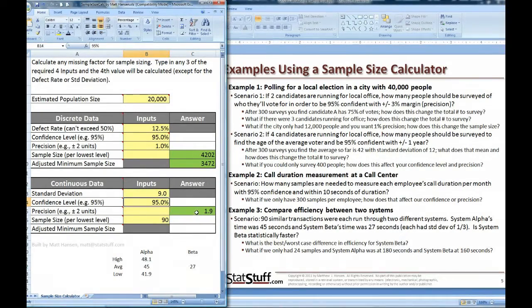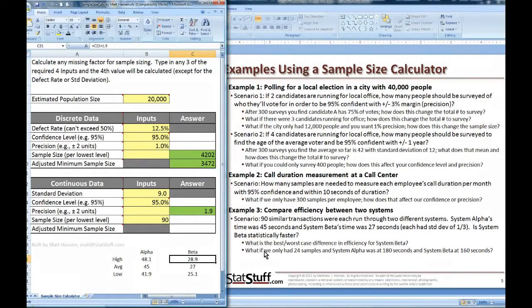Now for them, the precision is 1.9. So up here, we're going to do equals this cell plus 1.9, and underneath equals that same cell minus 1.9. So now for system beta, their actual performance is somewhere between 25.1 seconds and 28.9 seconds.